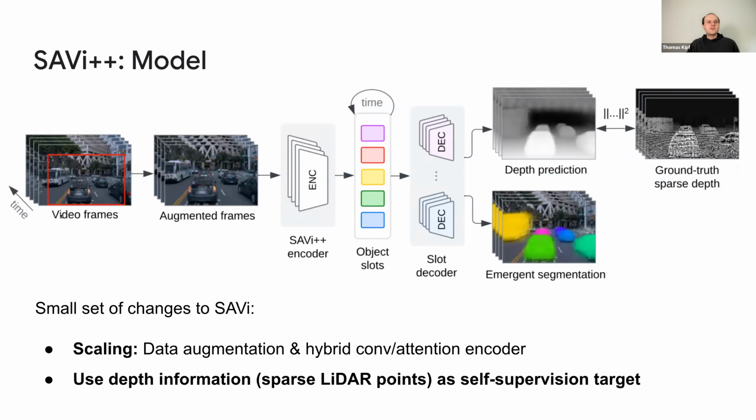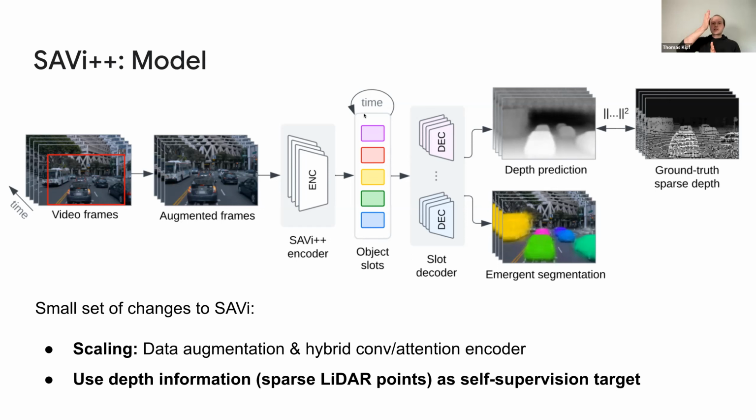We scale this earlier version of SAVi by using data augmentation, like we just crop and rescale all the video frames we have, a standard procedure for computer vision techniques. We also use a more scalable hybrid attention convolutional encoder. And other than that, it's basically just slot attention applied on top of those feature maps. And we hook up the slots over time using a simple self-attention transformer.